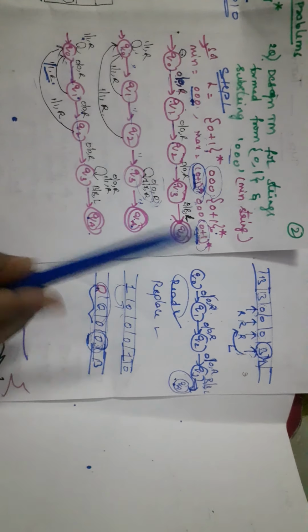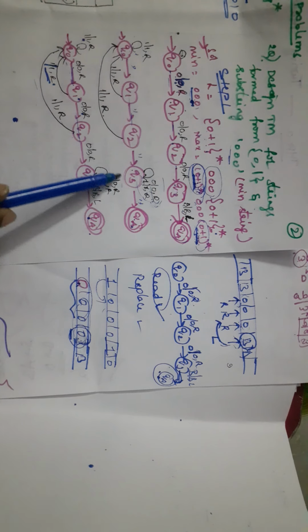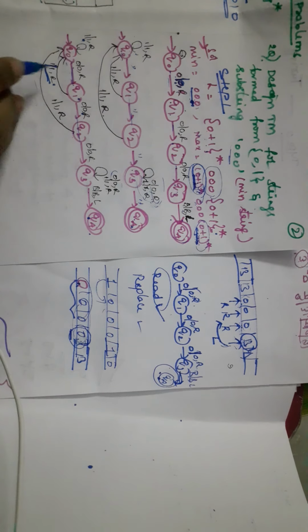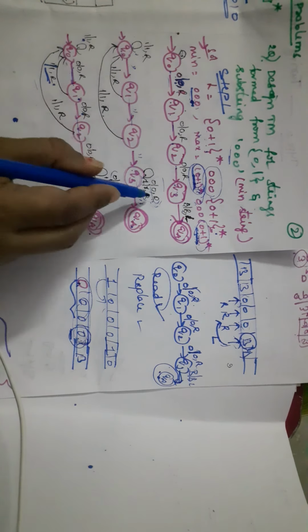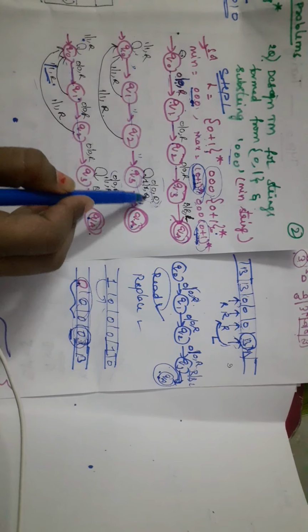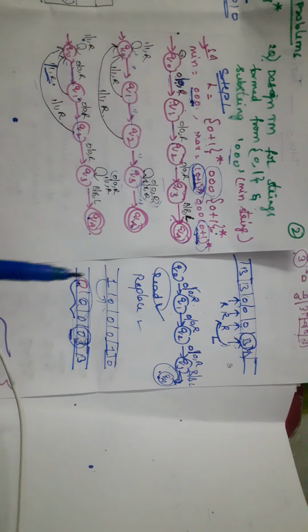So the additional 4th 0 will be accommodated over here. In this way we use this loop. The 4th 0 will be executed through this transition.